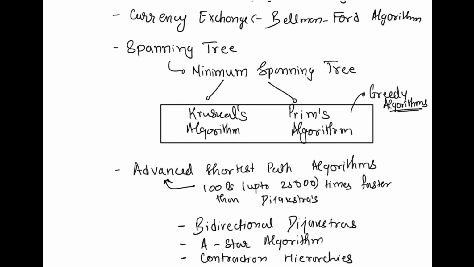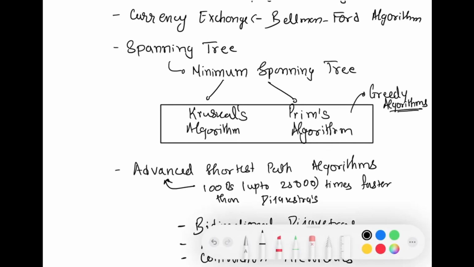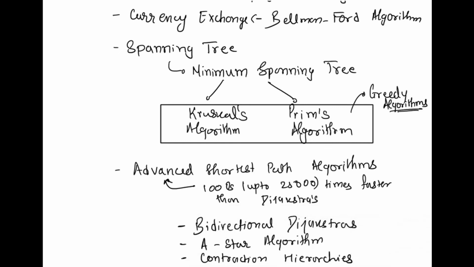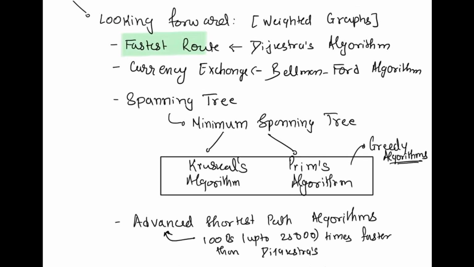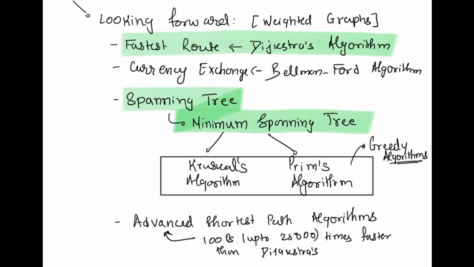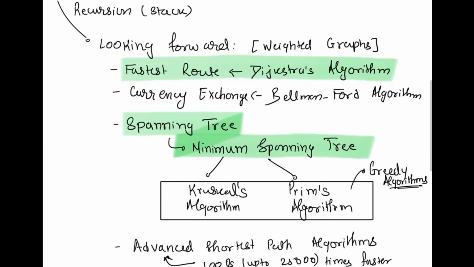And if I were to mark the top priority topics among these in weighted graphs, I would say you must work on the fastest route, Dijkstra's algorithm. It is a simple algorithm and yet a very powerful algorithm. And I also recommend that you work on the minimum spanning tree problem. And that is it for the weighted graphs section.